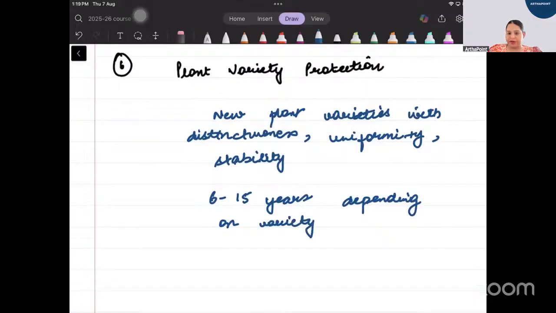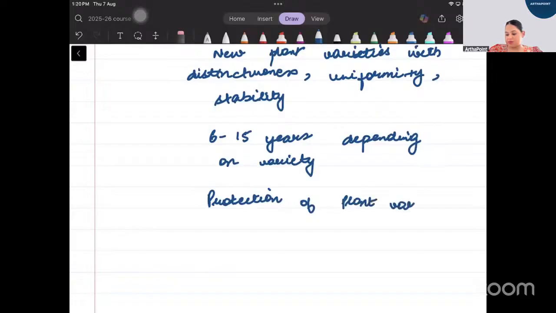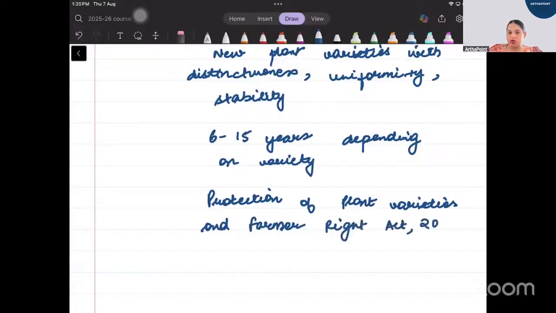depending on variety. Okay. And this is under the Protection of Plant Varieties and Farmers' Rights Act 2001, right.